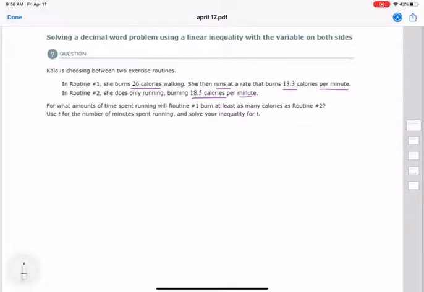Before we move on, let's try to make some equations, just to make some sense out of these numbers. For routine number one, 26 calories walking, so let's put down that 26, and then plus another 13.3 for every minute.